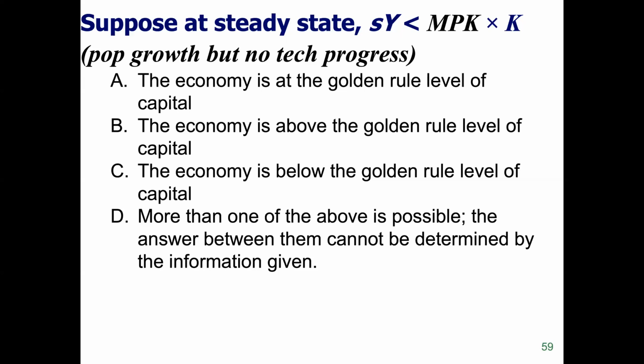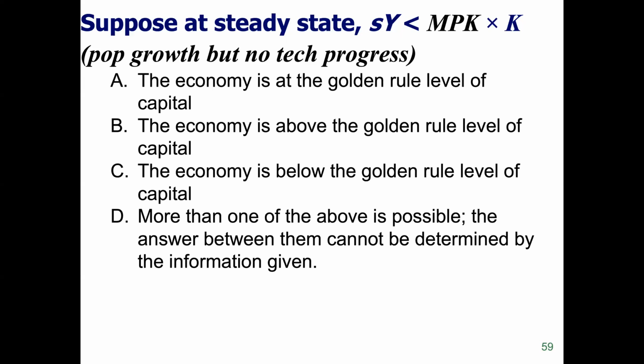The steady state, my SY is not equal to delta K. It's a steady state with population growth, so SY must equal the quantity delta plus n times K, in order for it to be a steady state. That implies that the quantity delta plus n times K is less than MPK times K, so therefore delta plus n is less than MPK.